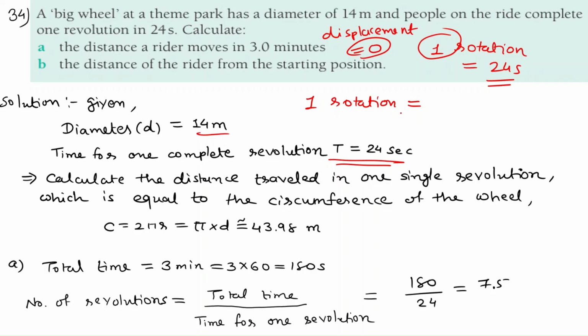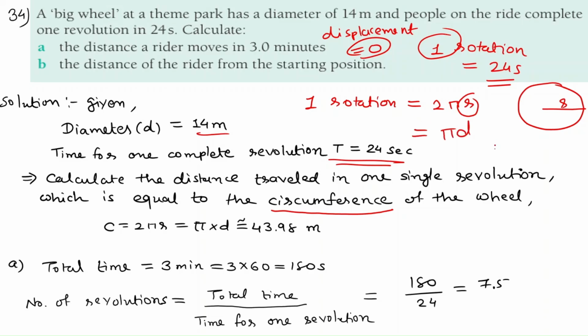But the distance is equal to the circumference, which means 2 pi r. R is the radius of that wheel. Here they give us the diameter, so we have to modify the equation like this.